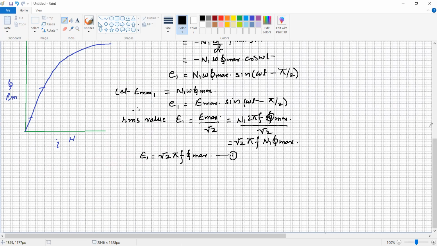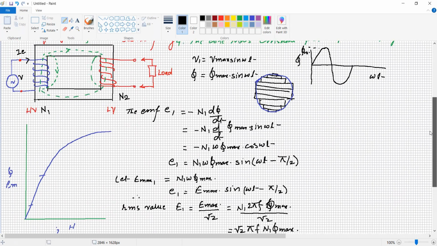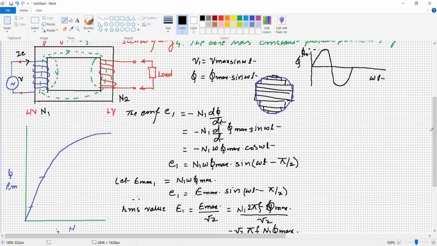How do we get this equation? Let us review it again. We have taken the supply voltage as alternating, V is equal to V maximum sine omega t. Therefore, the flux also, phi is equal to phi maximum sine omega t. The EMF induced in the primary winding is E1 is equal to minus N1 d phi by dt.